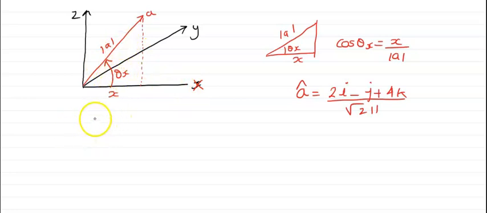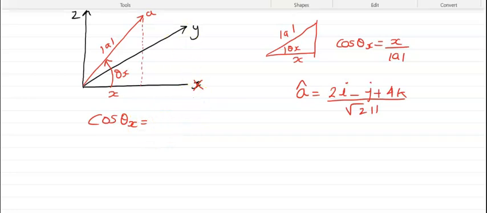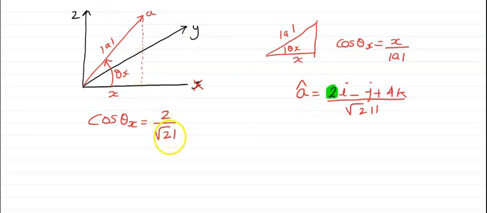We can find it from cos theta x equals the x component divided by modulus A. The x component here is 2, so we write 2 divided by root 21.